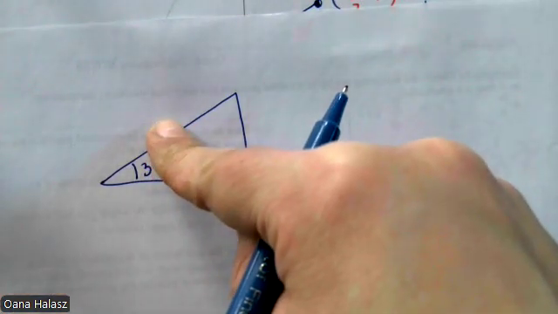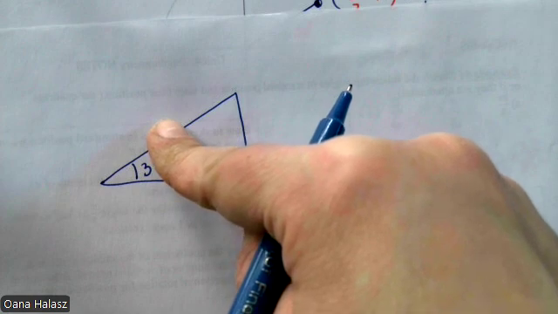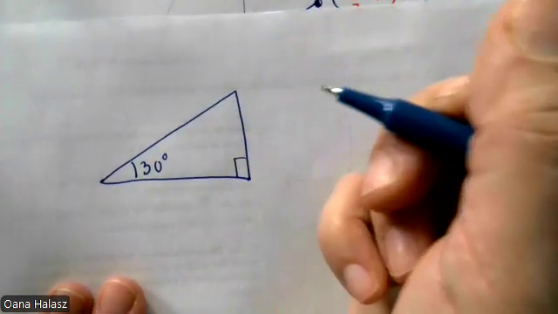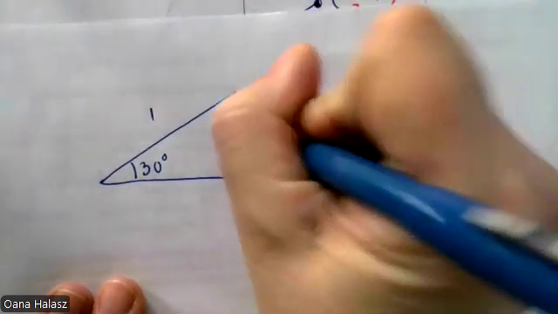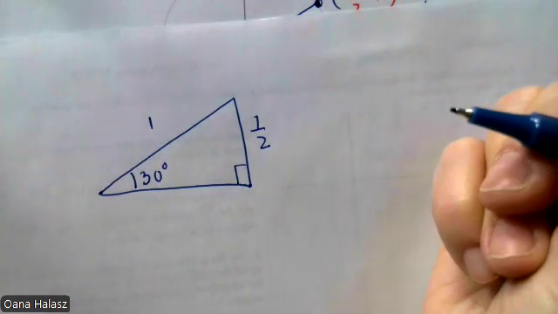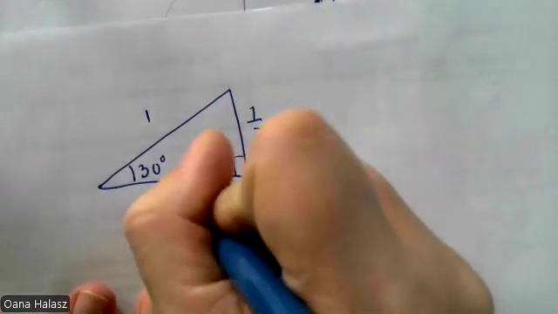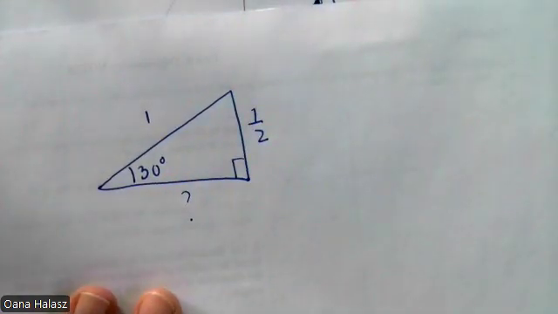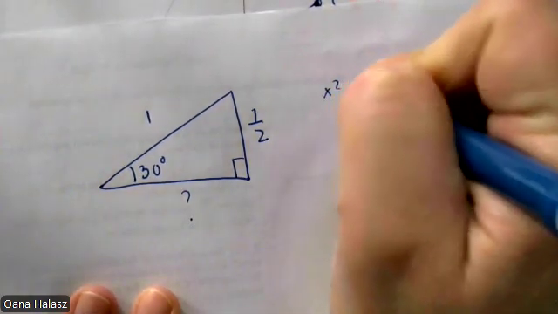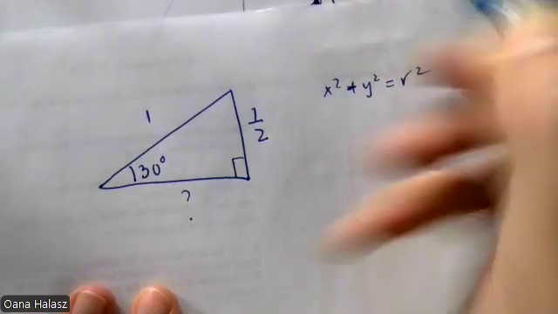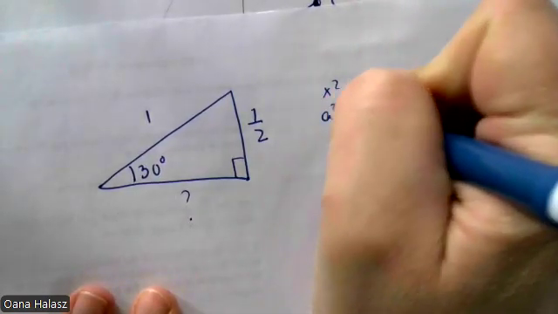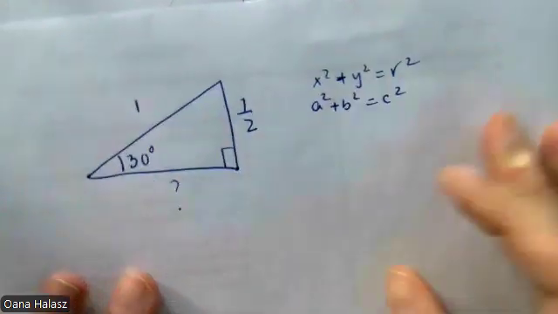And that's why I'm saying you have to know some geometry rules, okay? So if we choose the hypotenuse to be 1, for example, then we know for sure this leg is going to be 1/2 by following that rule. Okay, now how do I know the third side? Well, apply the Pythagorean theorem, right? X squared plus y squared equals r squared, but you had it like this: a squared plus b squared equals c squared, right?